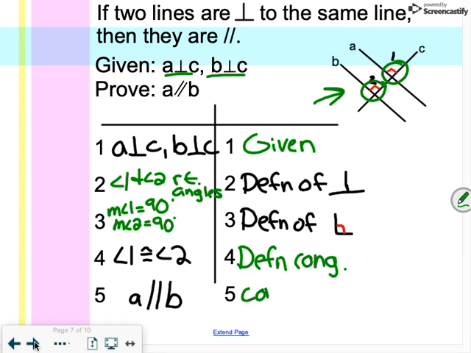In this case, it's the converse of the corresponding angles postulate, because angle 1 and angle 2 are in the same position, so we call them corresponding angles.